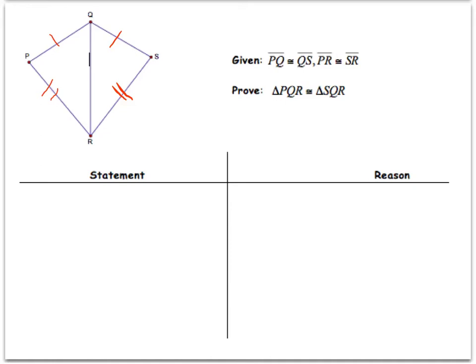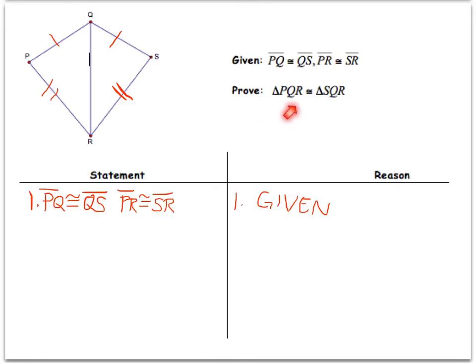So step 1 of the proof is to state our given. Our end goal in sight should be that the last line of this proof is that these 2 triangles are congruent. So have that in mind, that down here our end game is right here. So we have to figure out some way to say this. For step 2, we have that line segment QR is congruent to itself.